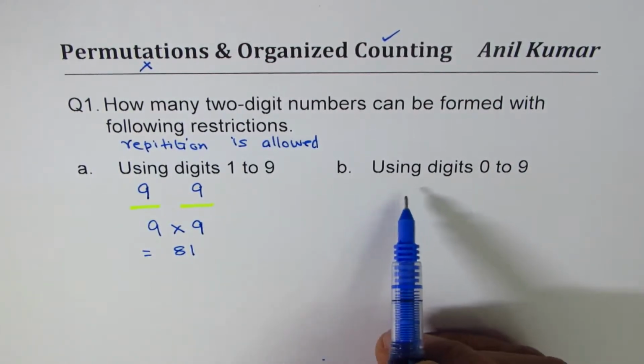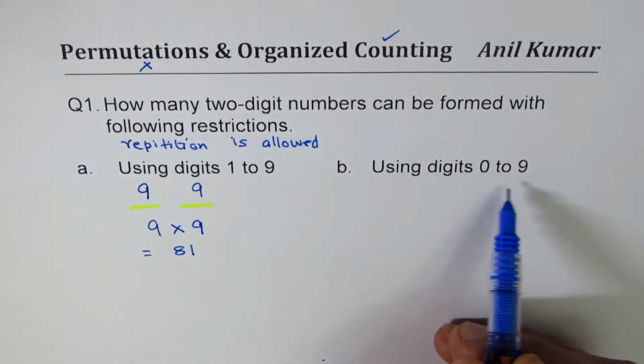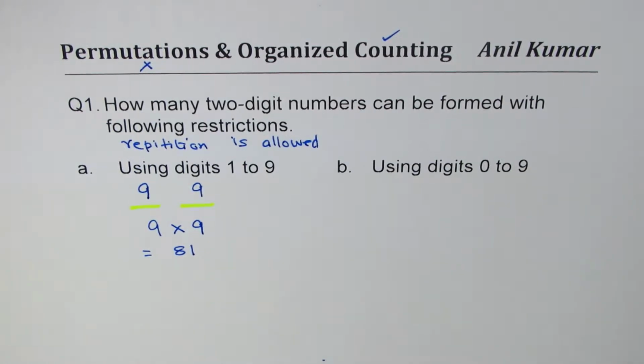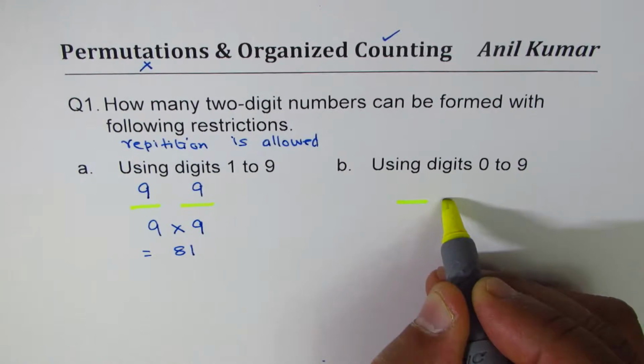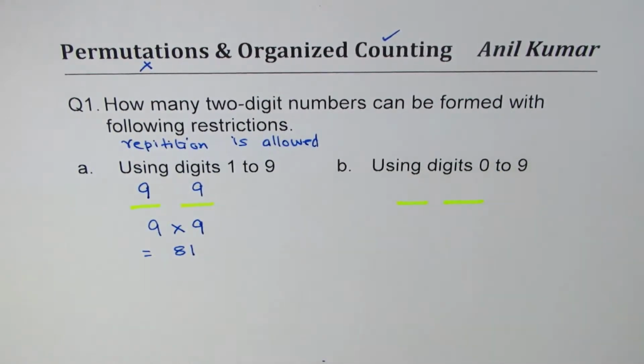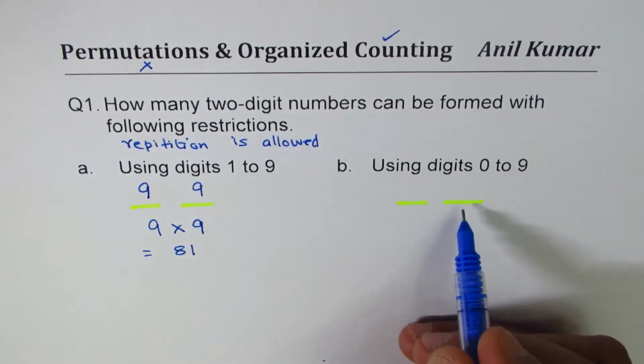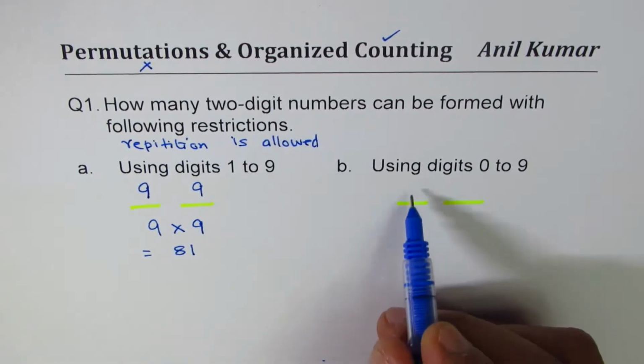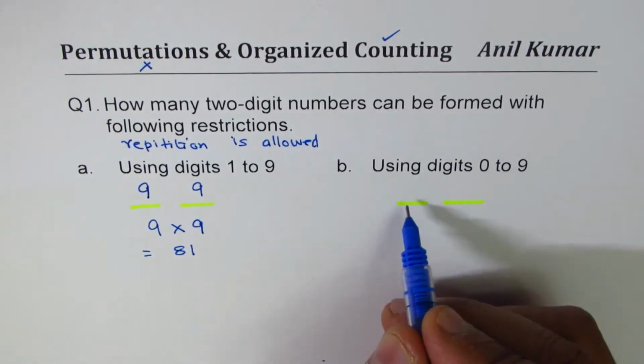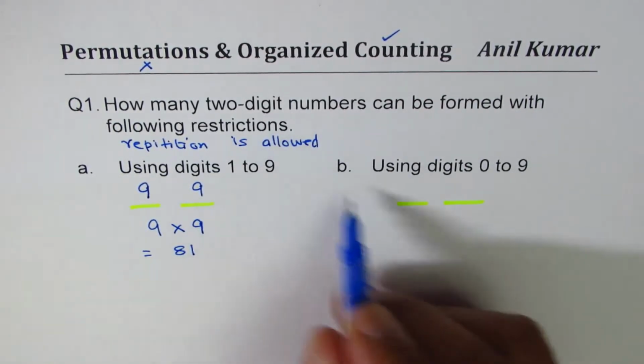It's kind of the same, but here we have introduced 0 also. So we're talking about all the numbers, correct? So now in this case, in tens place, if I use 0, I actually land up with not 2-digit numbers, it's 1 digit. So in tens place, we have the option to put only 1 to 9 numbers.